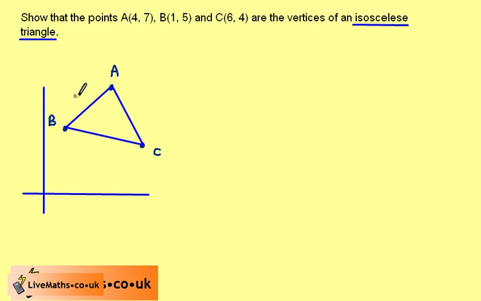and if we call this distance DAB, this distance DAC, and this distance DBC, then we'll want to calculate those three distances in order to see if two of them are the same.